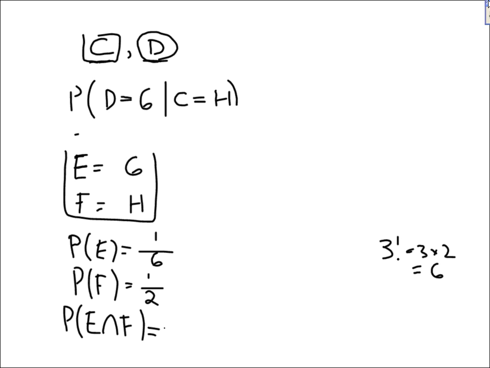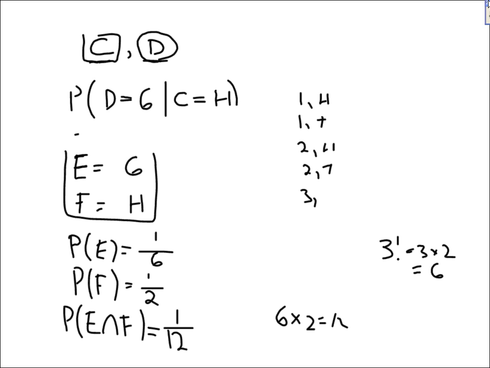Well, we talked about how there were 12 outcomes. 6 for the die and then 2 for the coin. And exactly one of those 12 will be a 6 and a head. If you were going to record this, you might record a 1 and a head, or a 1 and a tail, or a 2 and a head, and then a 2 and a tail.